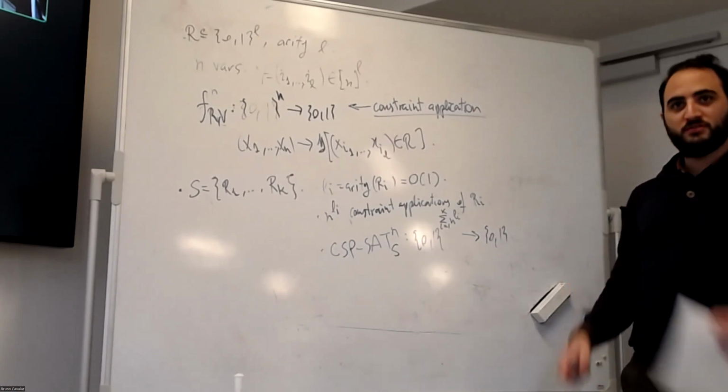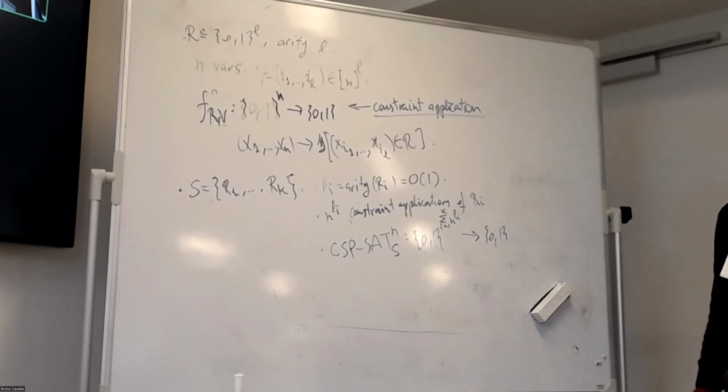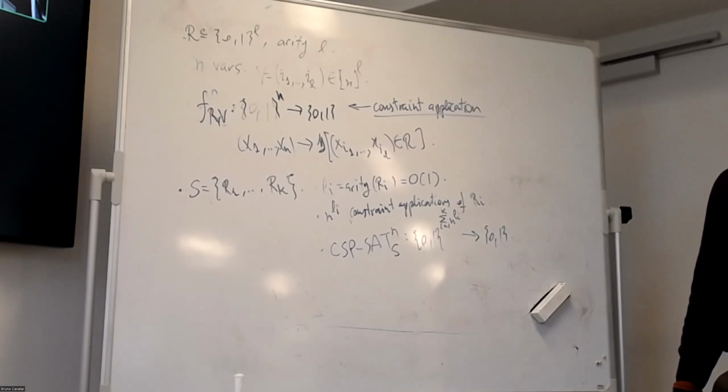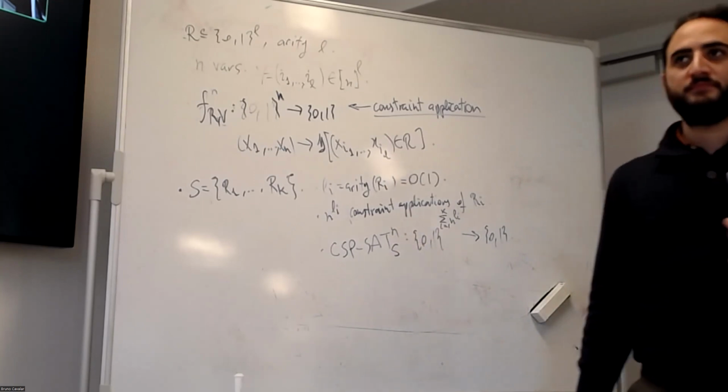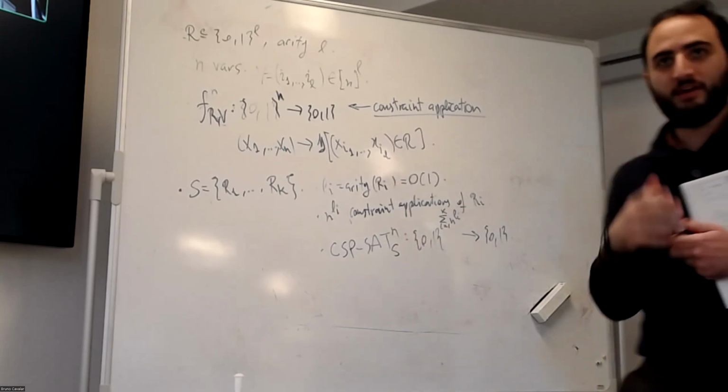Which, returning to my question, was exactly that. For instance, k-SAT would probably yield something like 2 to the k relations, right? Because you're operating with the variables. Yeah, that's true.